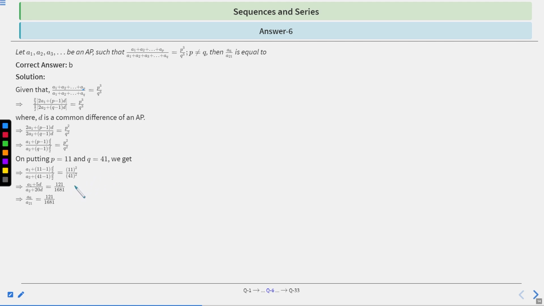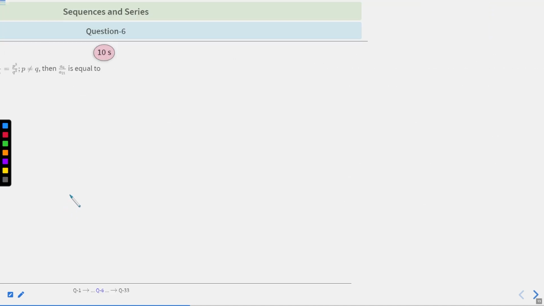So we get (A1 plus (11 minus 1) D by 2) upon (A2 plus (41 minus 1) D by 2) is equal to 11 squared upon 41 squared. After solving this, we will get (A1 plus 5d) upon (A1 plus 20d), which is equal to 121 upon 1681. So A6 upon A21 is 121 upon 1681. So I think option B is the correct choice.